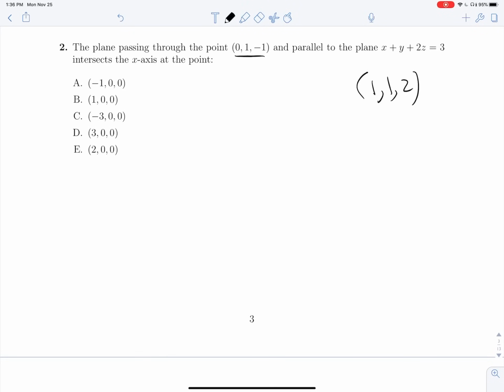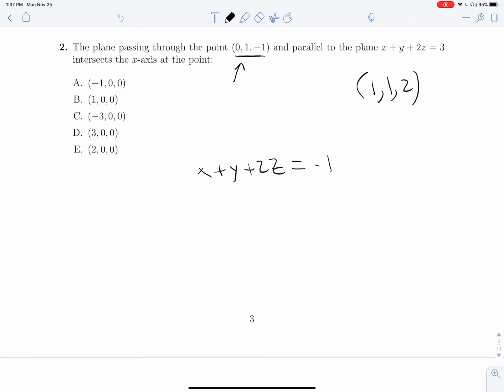And so we know that our other plane will be in the form of x plus y plus 2z equals some constant. And we can find that constant by plugging in the point that we know that the plane passes through, which is 0, 1, negative 1. So that will be 0 plus 1 minus 2, which is negative 1. So negative 1 is our constant over here.